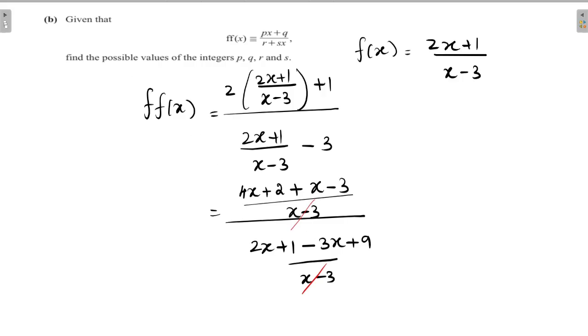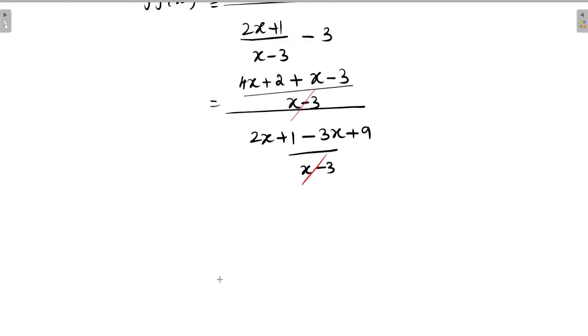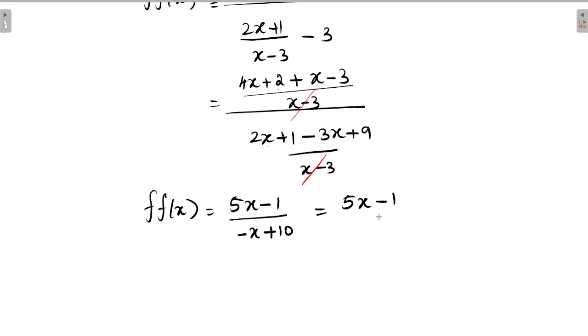So the remaining terms are f of x is equal to 4x plus x is 5x, 5x plus 2 minus 3 is minus 1, divided by 2x minus 3x is minus x, so minus x plus 10. Let's rewrite this expression as 5x minus 1 divided by 10 minus x.